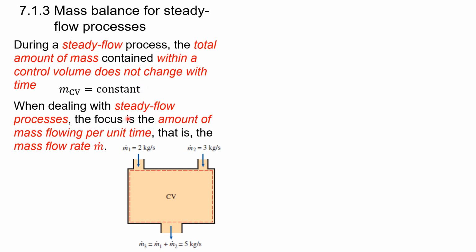When dealing with steady flow processes, the focus is the amount of mass flowing per unit time, which is the mass flow rate. Steady flow process will be much easier to calculate, because we know the amount of mass contained within the control volume will not change.